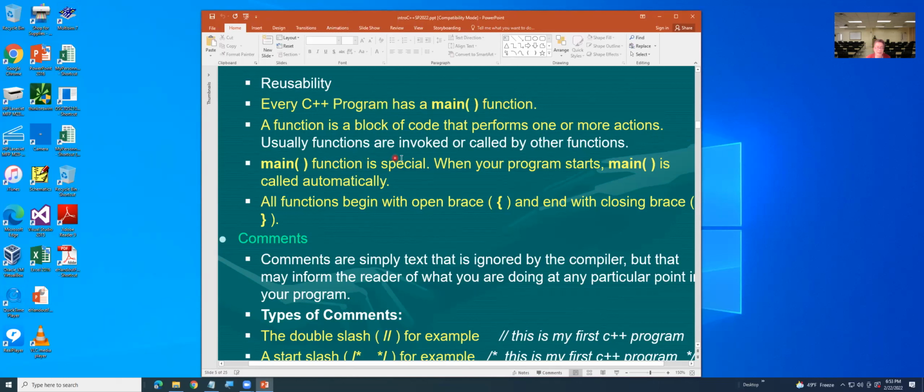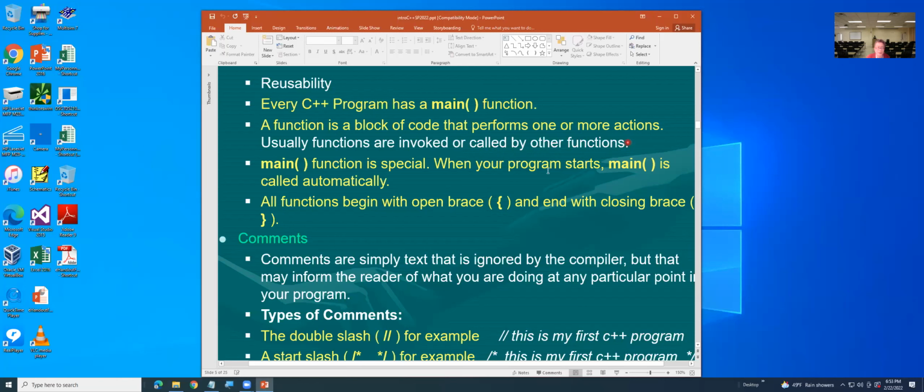Usually functions are invoked or called by other functions. Basically, you have a big program, but inside there are many functions, like deposit, withdraw, transfer, whatever. Each one is a function.